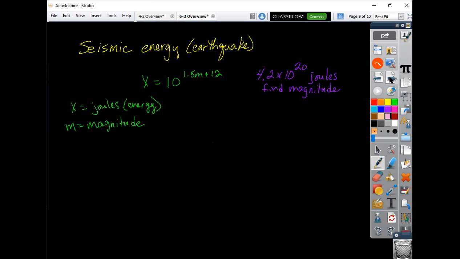All right, then when they do seismic activity, like earthquake sort of stuff, they have this formula for calculating the joules and the magnitude, the energy, if you will. So I have this formula right here, x is my joules and the magnitude is right up here. In my problem, I'm given my joules right here, that's my x. So I'm going to put the number they gave me, the 4.2 times 10 to the 20th, in place of that x.